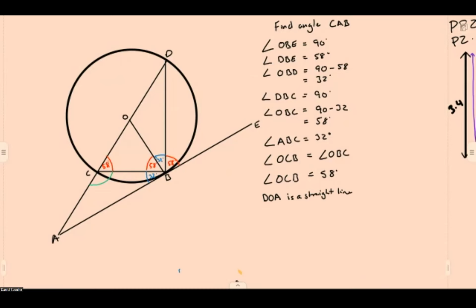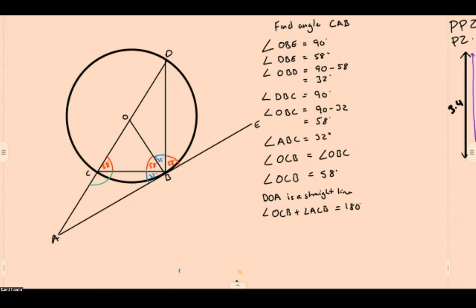That means angle OCB that we just found out plus angle ACB equal to 180. So it's a straight line. If I split that straight line up, if I come away from it at any angle, the two angles that I'm making add up to 180.